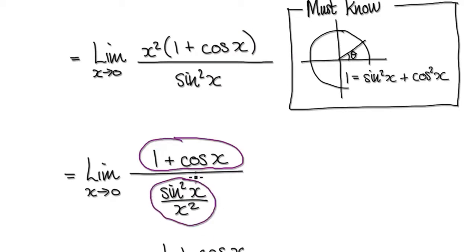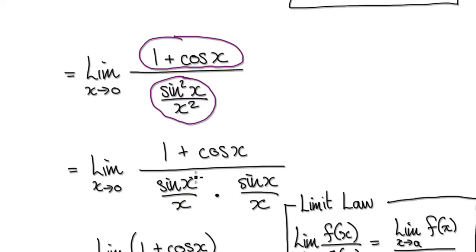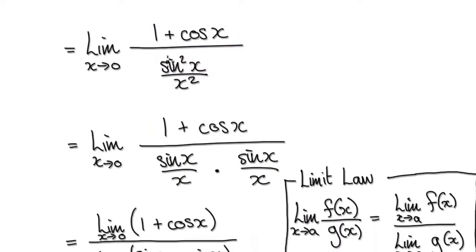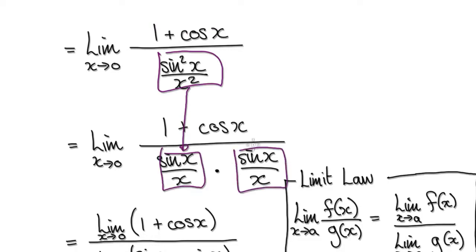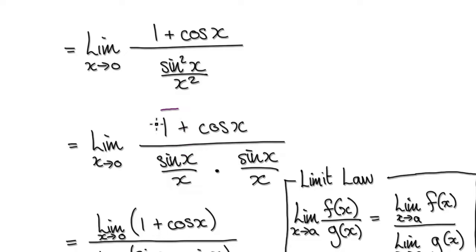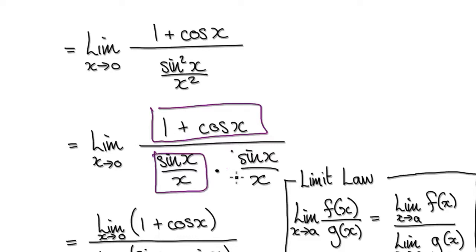So now hang on. Now looking at this, break this up into two blocks. So you've got one block multiplying another block. So from here, I hope you can see that. Well, here you've got one block, you've got another block, and then you've got another block. This block here equals 1. This block here equals 1, and as x heads towards 0, this is going to be 1.